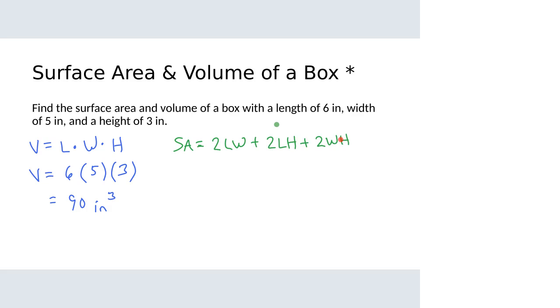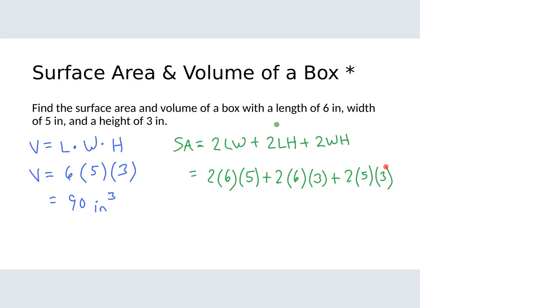And we're going to make sure we're careful when we plug everything in here. That's probably the biggest danger. And we'll have 2 times the length is 6, the width is 5, plus 2 times the length is 6, and the height is 3, plus 2 times the width is 5, and the height is 3.